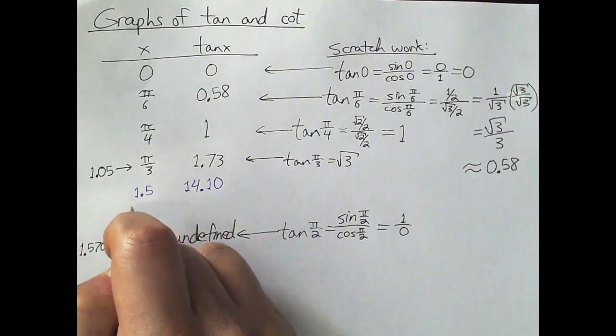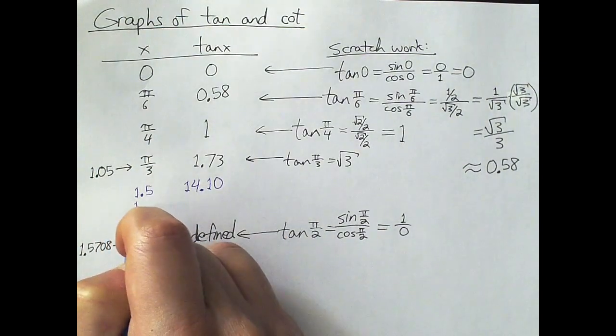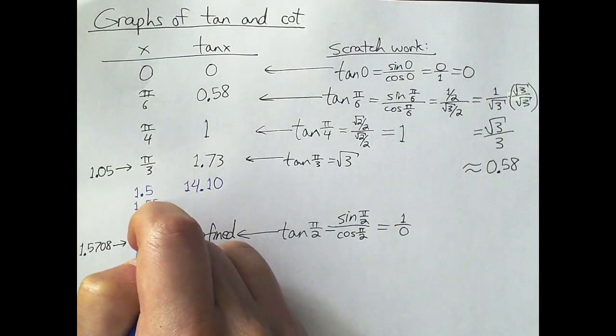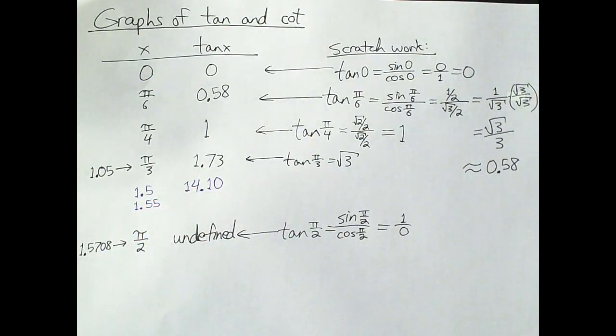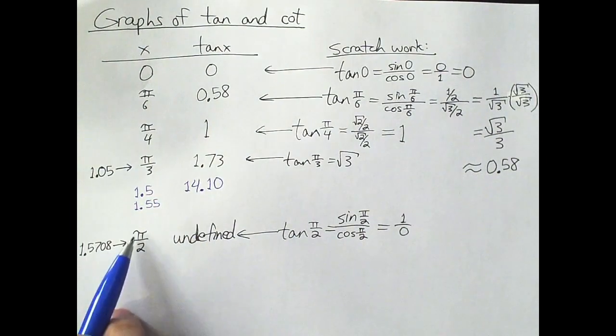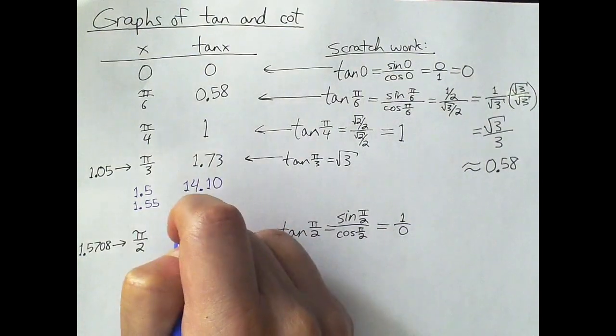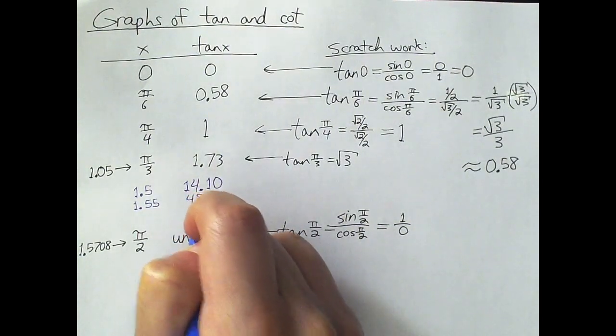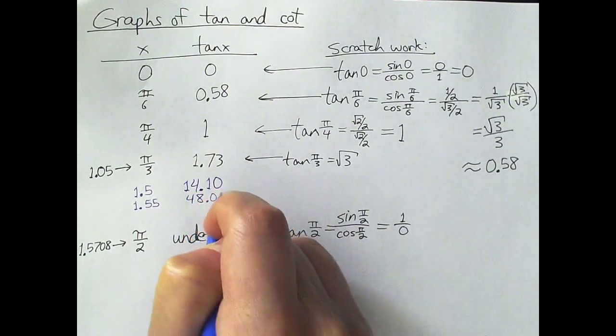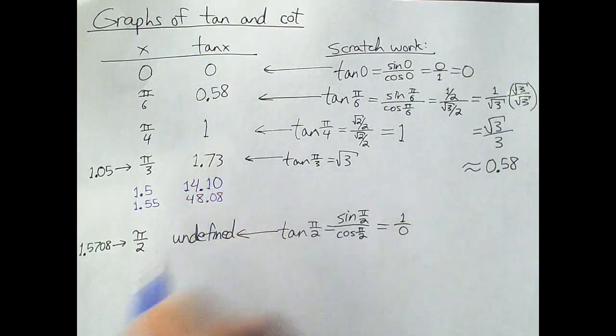And then I said, all right, what if I get even closer? I looked at 1.55. We can't go to 1.6 because then we've already gone past pi over 2. I'm trying to get close to this. I found with a calculator that this is about 48.08. And then I did one more.